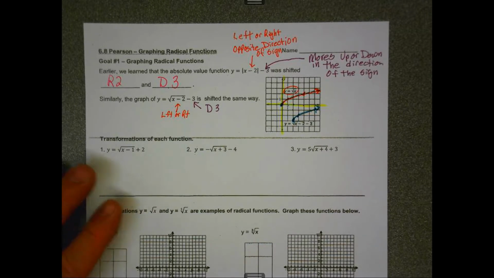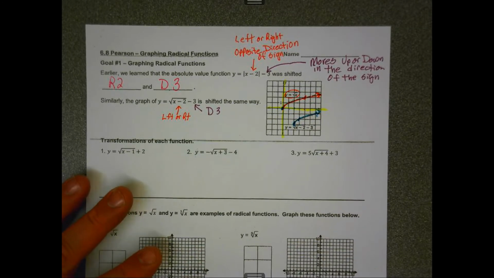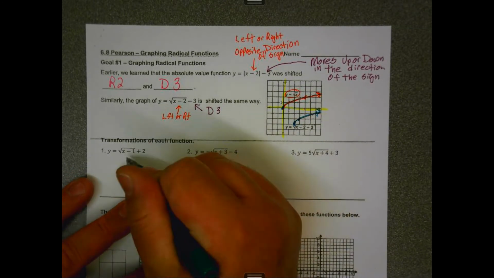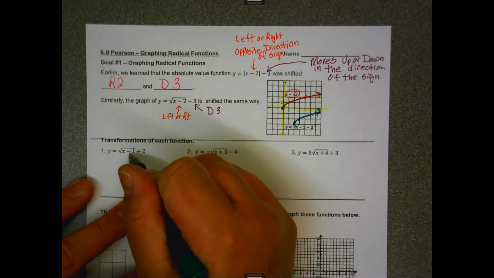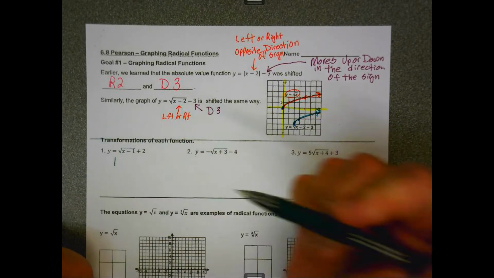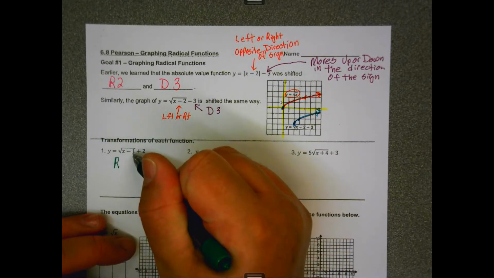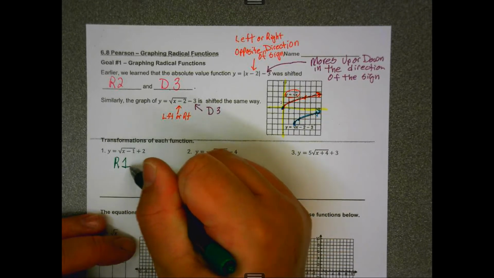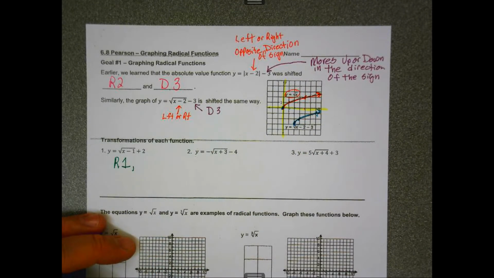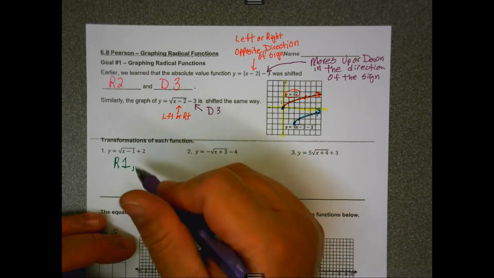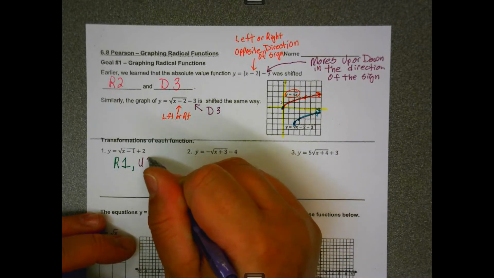Okay, inside my radical, I have a minus 1, so I'm going to go opposite, which is right 1. And then it's got a plus sign here, so it's going to go up 2.